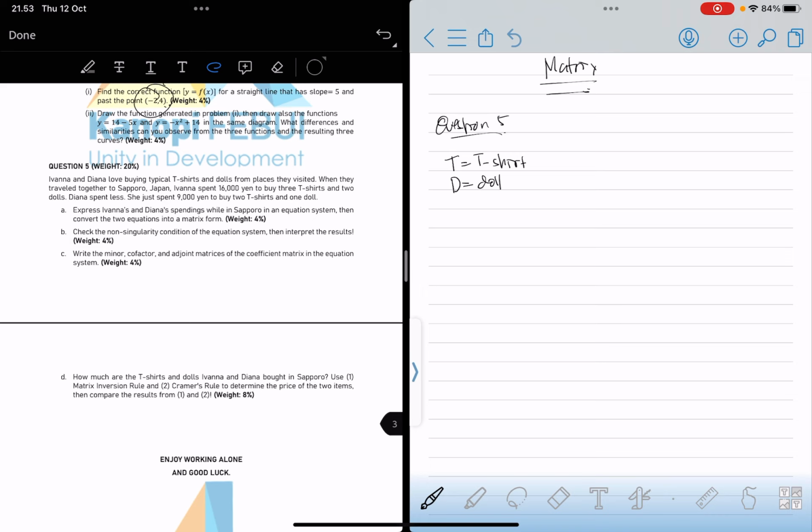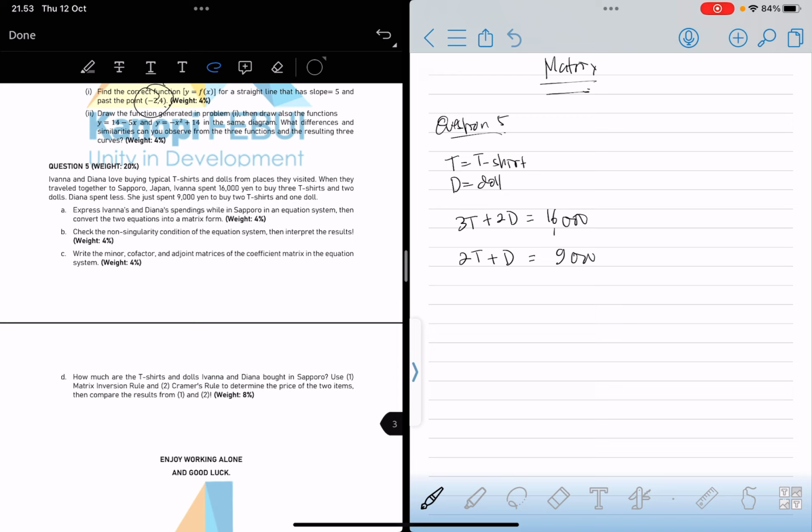And then Diana just spent 9,000 yen to buy 2 t-shirts and 1 doll.